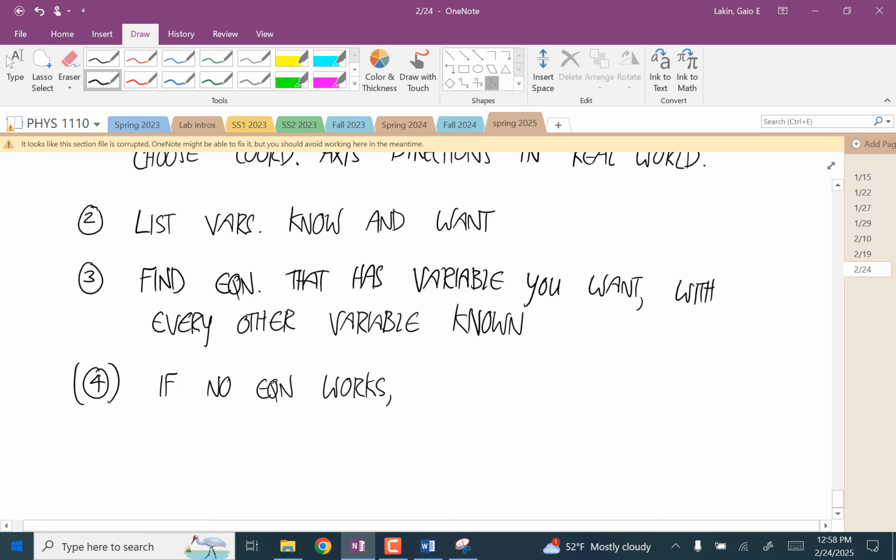In 1D, I think what I said is you can solve for either time final or acceleration and then go back. In 2D, it's pretty much always going to be time final that you're going to try to find. So if no equation works, try to solve for time final and then go back to step 2.